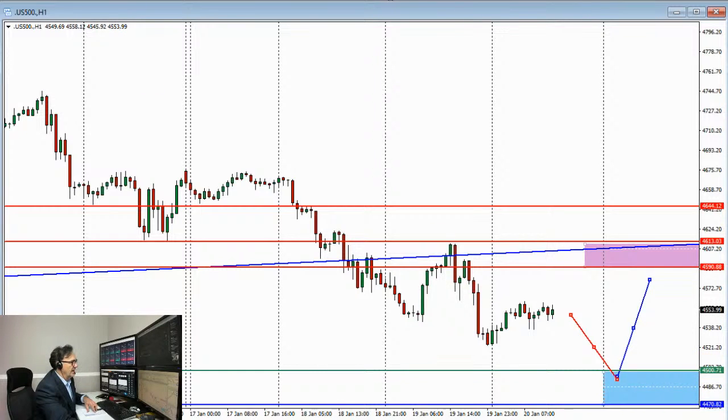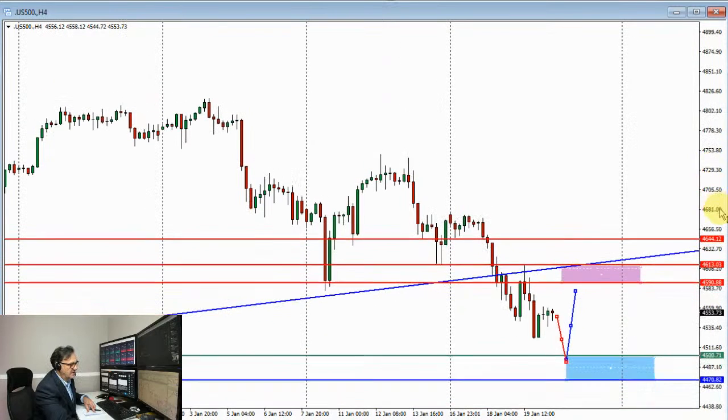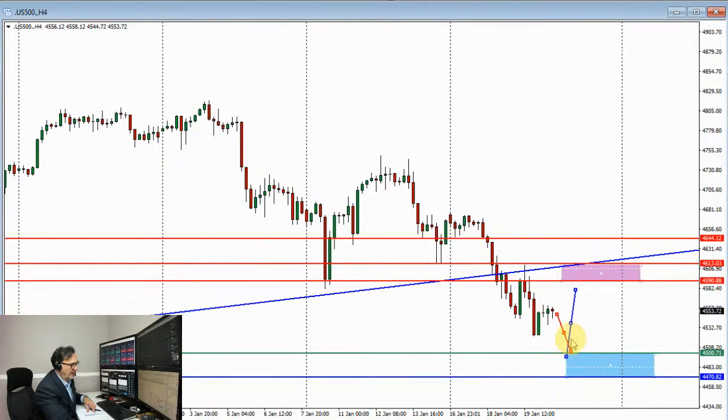And if we do get this type of pullback and then a nice reversal, I would likely be looking for a confirmation to get in, and my stop would be at 44.70, so it's about 30 points of risk, for the potential take profit up here at 45.90, 4,600, 46.15 to the upside, and yet again a disproportionate amount of potential gain for a much smaller and definite amount of risk that I would be willing to take on this trade.